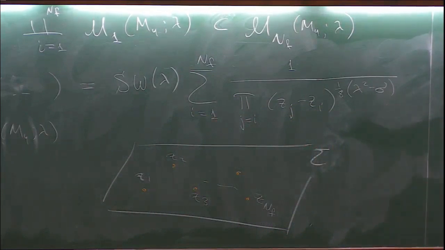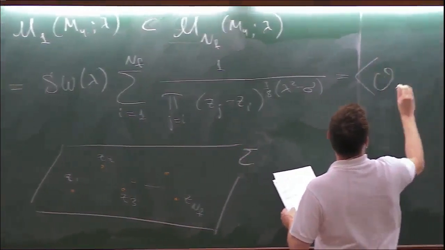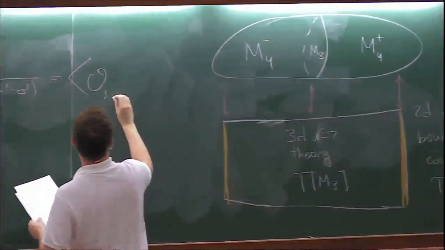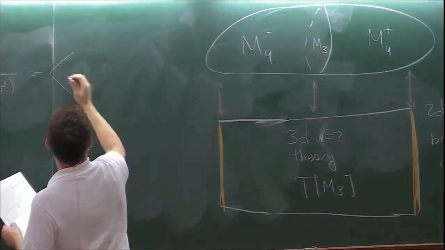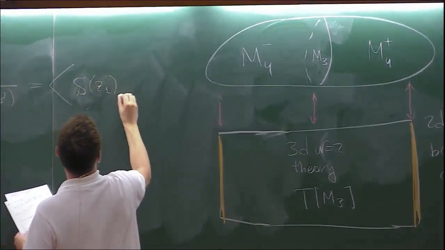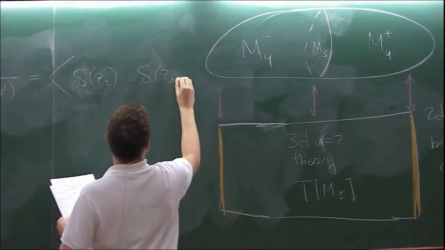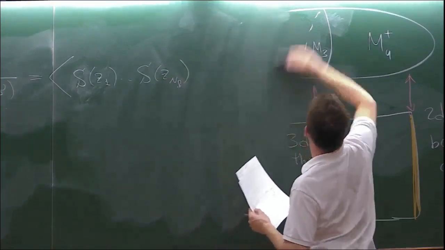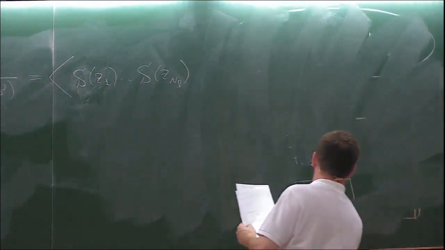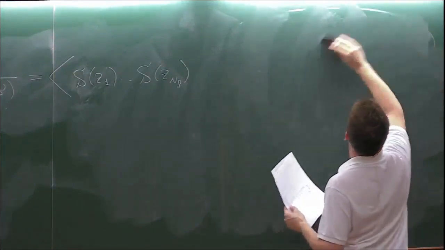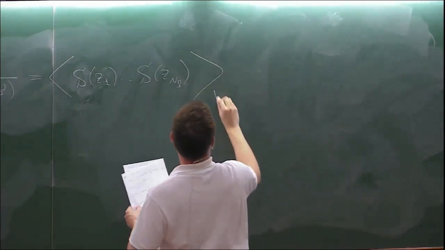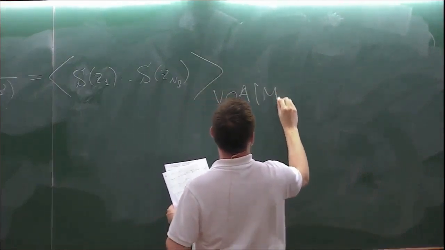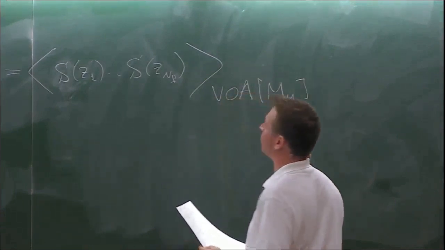You may recognize here the index of the Dirac operator twisted by line bundle L. And this is nothing but the correlation function of various operators, we call them S for impurity, inserted in points z1 through z_{N_F}, in this chiral algebra, VOA of M4.